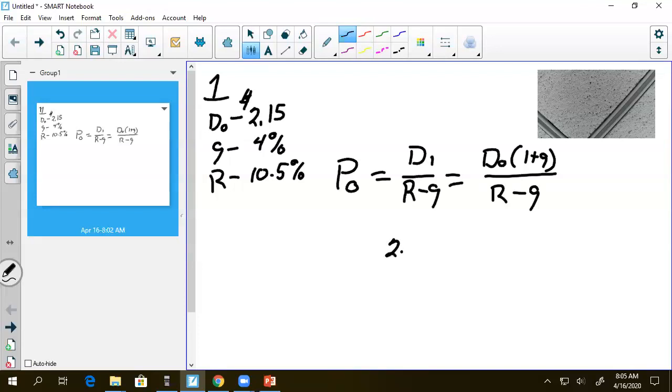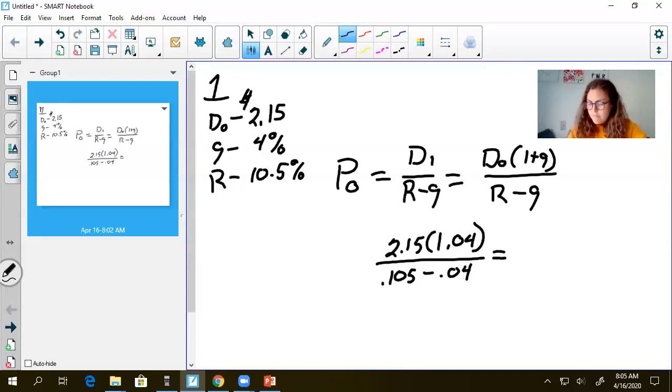So we have 2.15 times 1.04 over 0.105 minus 0.04, right? Okay, and what do we get for the current price there? $34.40. There you go, $34.40.